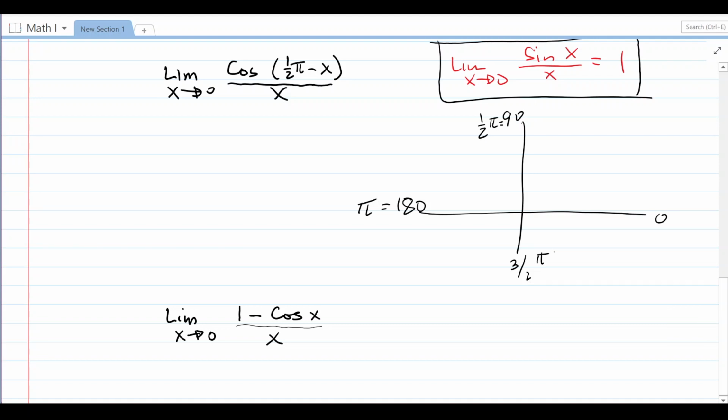So for half pi minus x, this is half pi, and half pi minus x means turning clockwise in the x direction. Let's say that's your x, negative x, because the question here is negative x, and therefore this is your angle. This is half pi minus x.